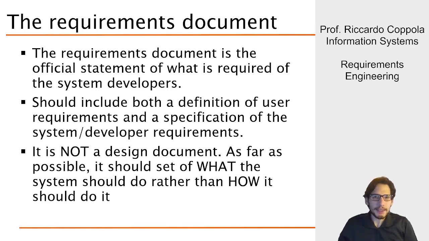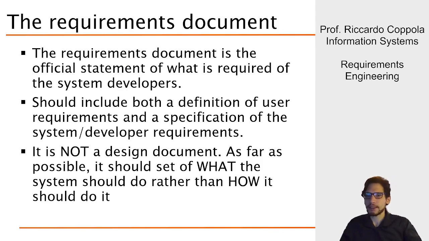The final result will be the so-called requirements document. In the requirements document, I will write down all the relevant aspects mined with my requirement solicitation, and there I will define user and system requirements, functional and non-functional requirements.